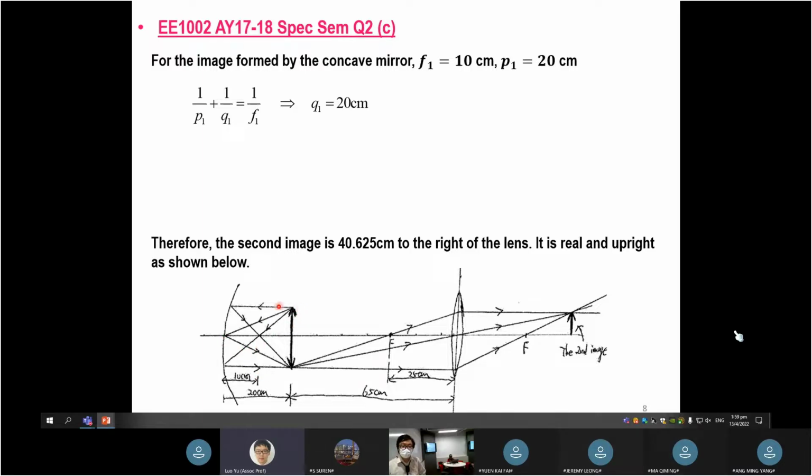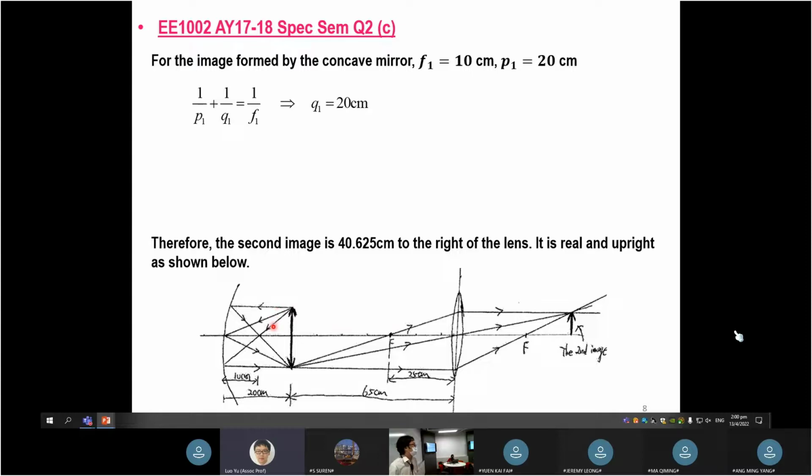The first ray, emitted parallel to the axis, will be reflected passing through the focal point. The other ray, emitted passing through the focal point, will be reflected parallel to the horizontal axis. The third ray, emitted toward the center of curvature, will be reflected symmetrically, that is, bisected by the horizontal axis.